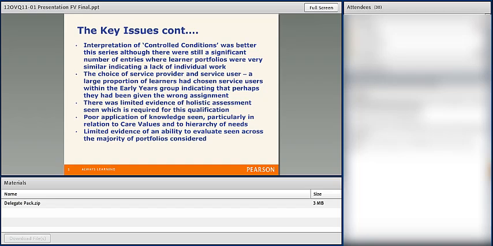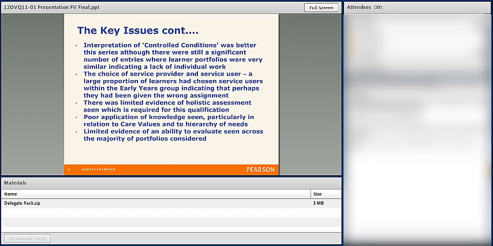One of the issues centres around the interpretation of controlled conditions, and although this was better this series, there were still a significant number of entries where portfolios were very similar, and that indicates a lack of individual work. One of the things that we saw was a number of centres who were clearly using templates for their students to guide them through.